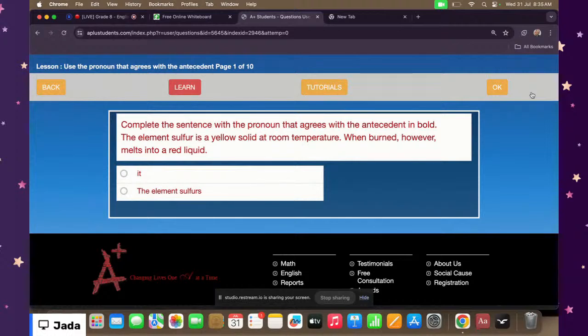So the pronoun is missing. What is the pronoun? It, because it's not referring to a person or friends or anything. It's a non-living thing, so of course you're going to use it for that.